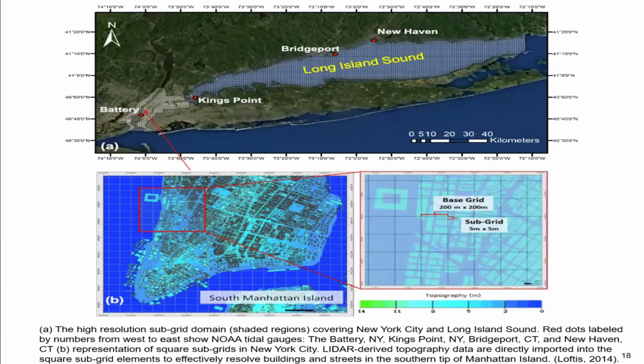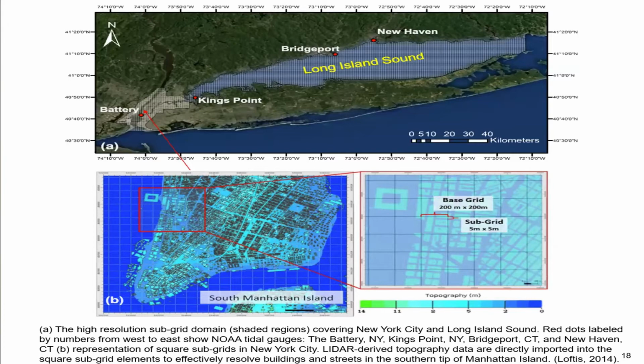So this is an example of subgrid. So we develop a separate grid in the Long Island Sound and New York City, and on the top panel, and then the lower panel, you can see what the subgrid versus the base computational grid look like.